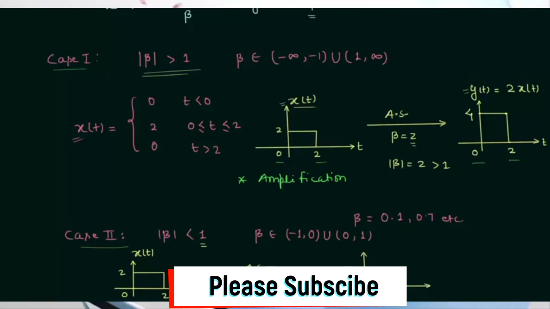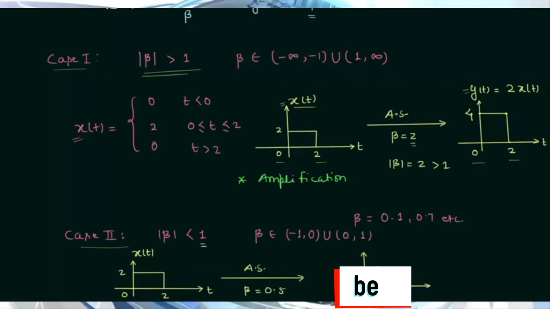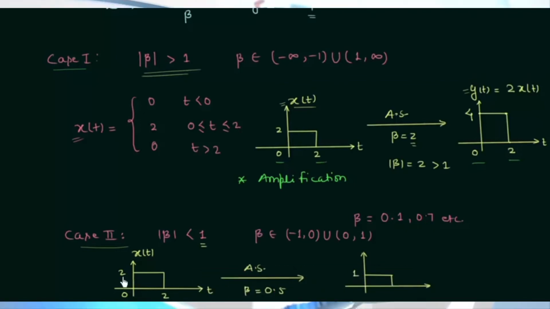The time will remain the same, but the amplitude will now decrease to 1, because when you multiply 2 by 0.5 you will have 1 as the amplitude, and the changed signal is y(t), which is equal to 0.5 x(t).